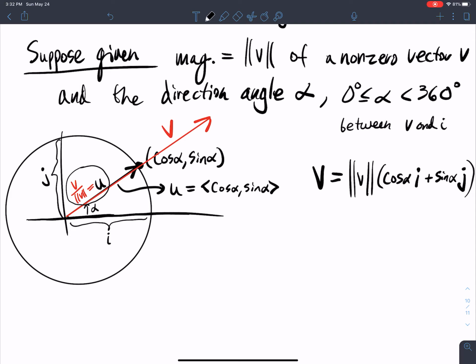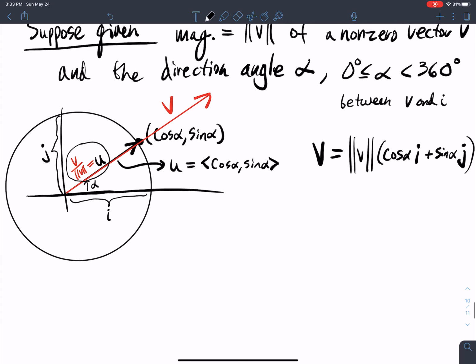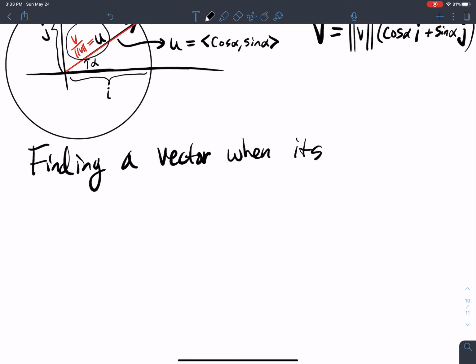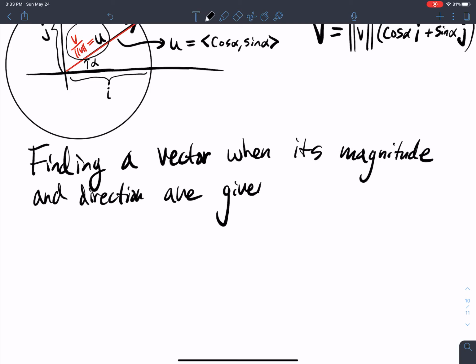All right, so let's work through a problem. So finding a vector when its magnitude and direction are given. Okay?